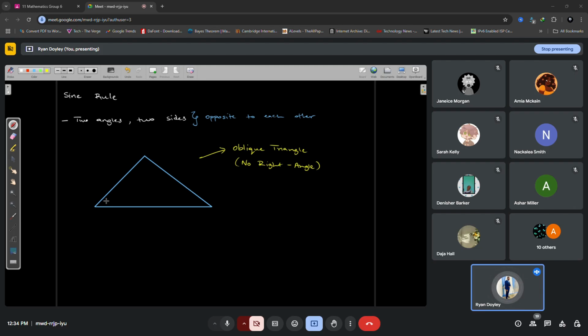So let's say this side of our triangle, I want one that works. I don't want one that is going to give us an error. All right, so let's say this is 21 degrees. This is 46.